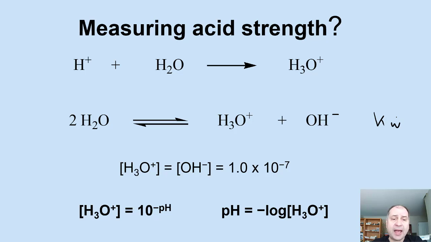So we do know that water can act as an acid or a base, and it receives the proton or it donates the proton, and then if you have an acid, you're producing hydronium ions, and it's actually measuring the strength of the hydronium ion that allows you to get the pH, which is the power of the hydronium, or the strength of your acid. And we get a pH scale from 1 to 14. And that's what we're looking at next.